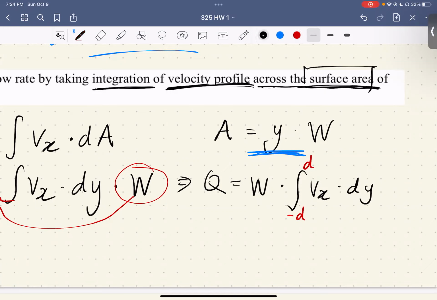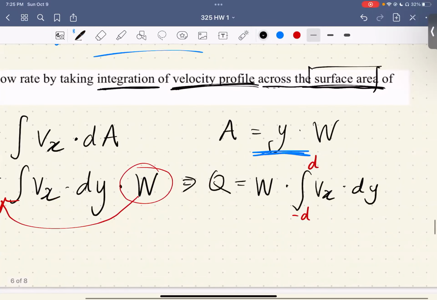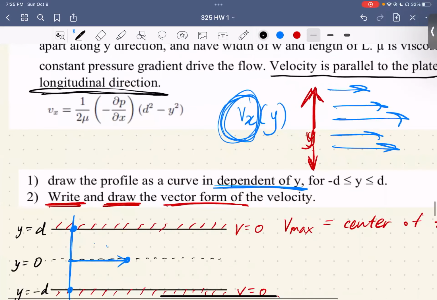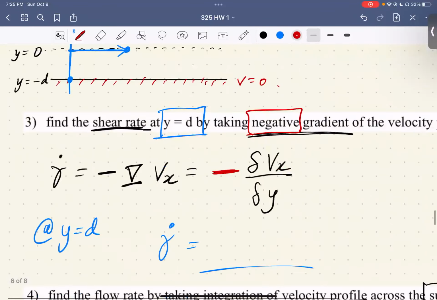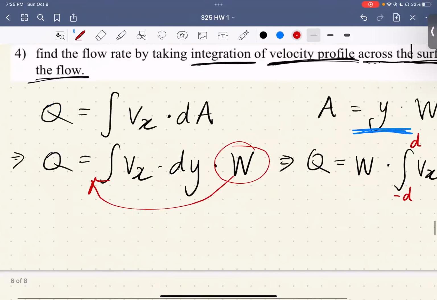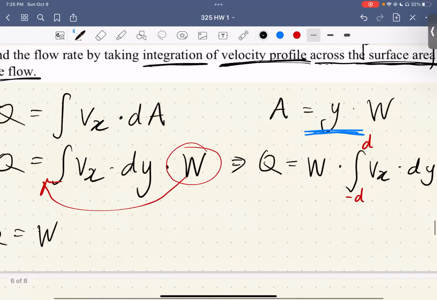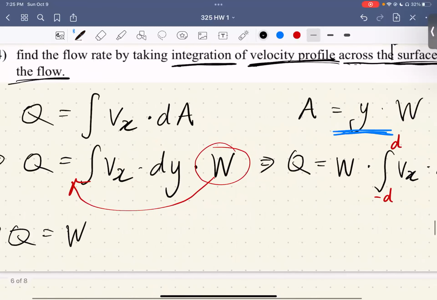Now you have your integration bounds, so go up here and plug this in right here, Vx. As you can see, there are a lot of things that are just constants. Boom, right there, you can take these out. You're only really going to be integrating this. So hopefully this has been helpful. I'm actually not going to finish this through.